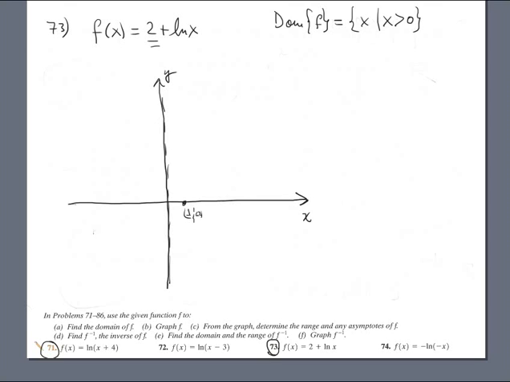So this point is 1,2, approximately. And the graph looks like that. Okay, this is 2 plus ln x, with one typical point and the asymptote.